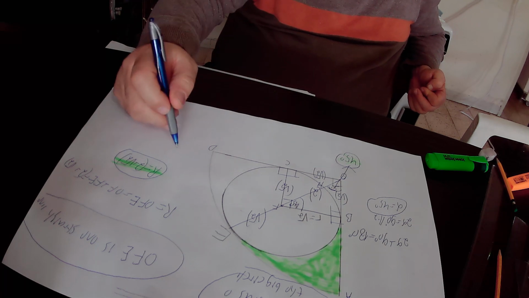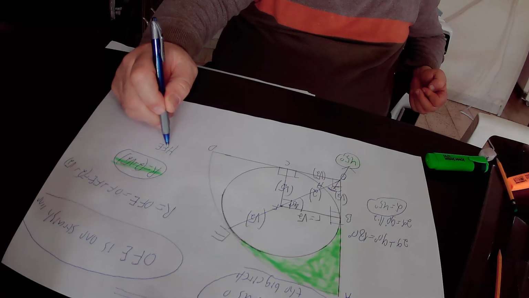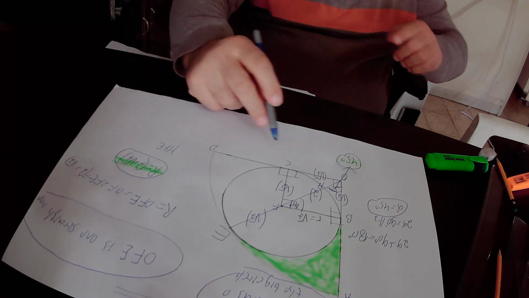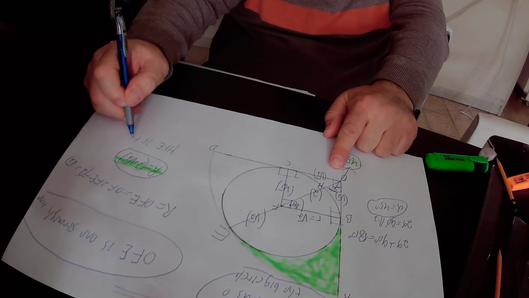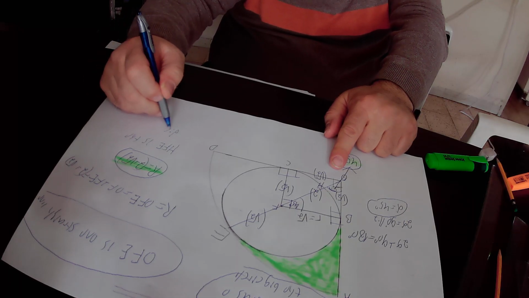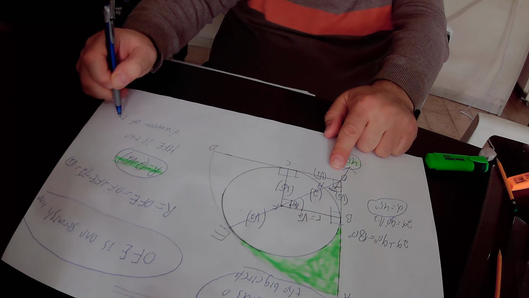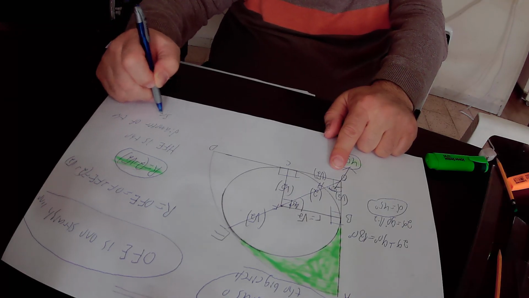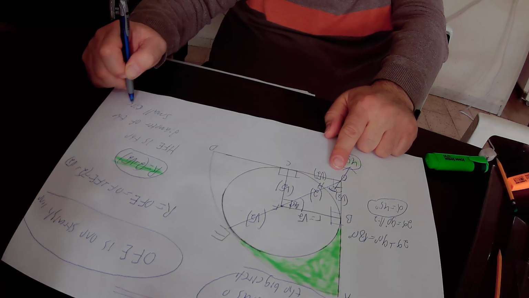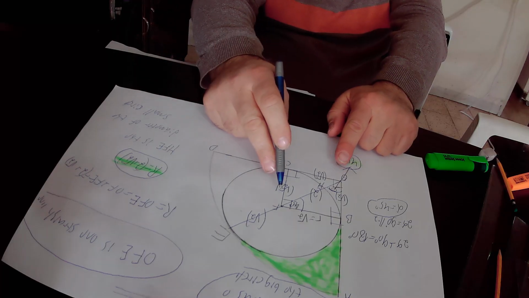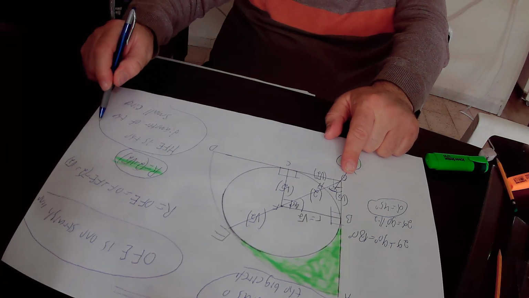So line segment HE is the diameter of the small circle, because it passes through point F, the center of the small circle.